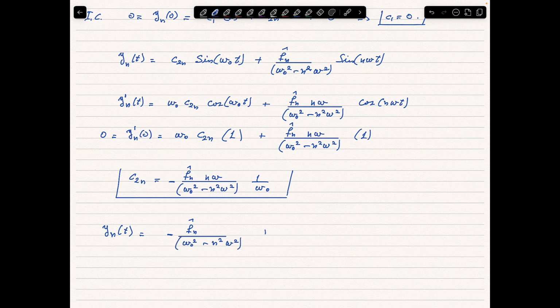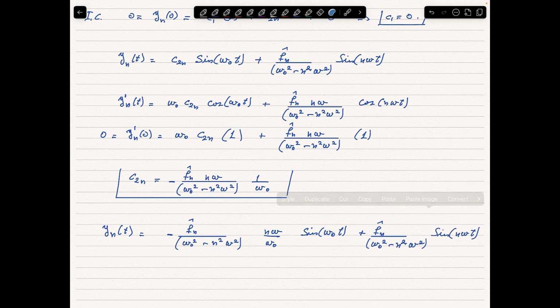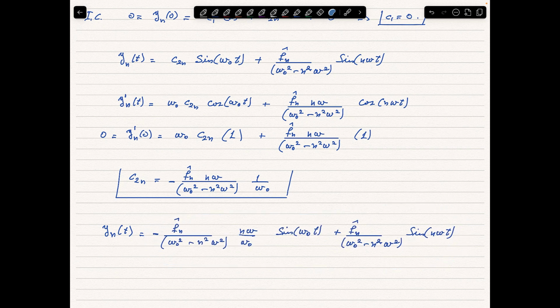Then we have the n omega over natural frequency omega 0, and then this is the coefficient C2, which multiplies the sine of the natural frequency times t, and then plus same coefficient, well, plus this, copy, paste, plus that there, and let's make it a little bit closer so it doesn't look so ugly there.